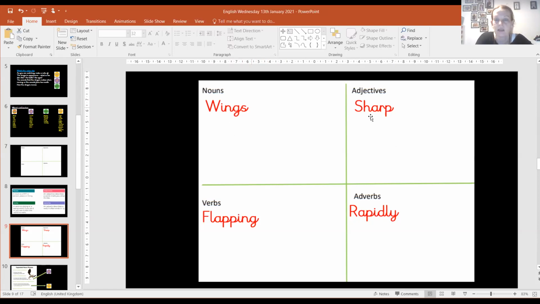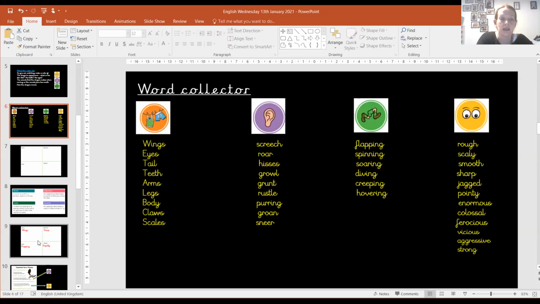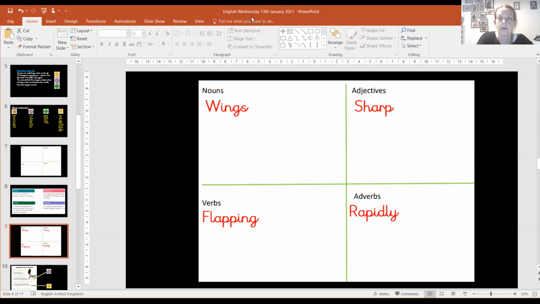So I've got wings, sharp, flapping, and rapidly. Its wings were flapping rapidly. This will help you choose words to build up your expanded noun phrases. So pause the video now and just have a go at sorting these words into the correct boxes.